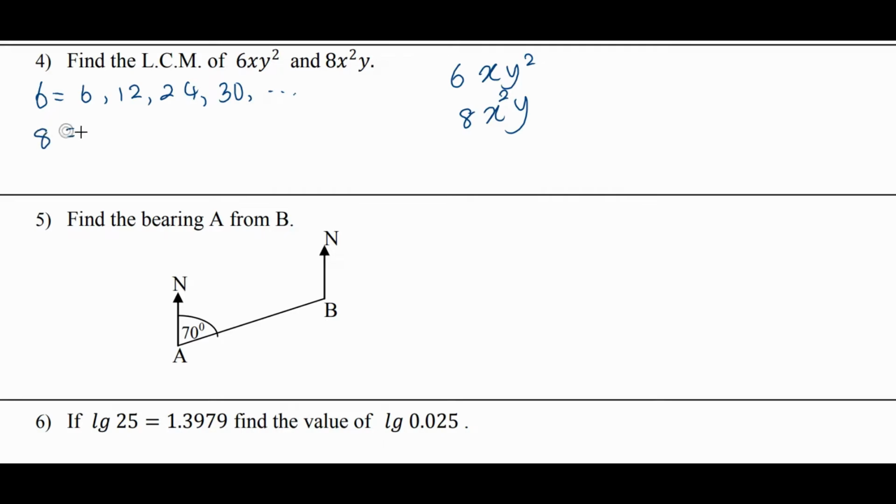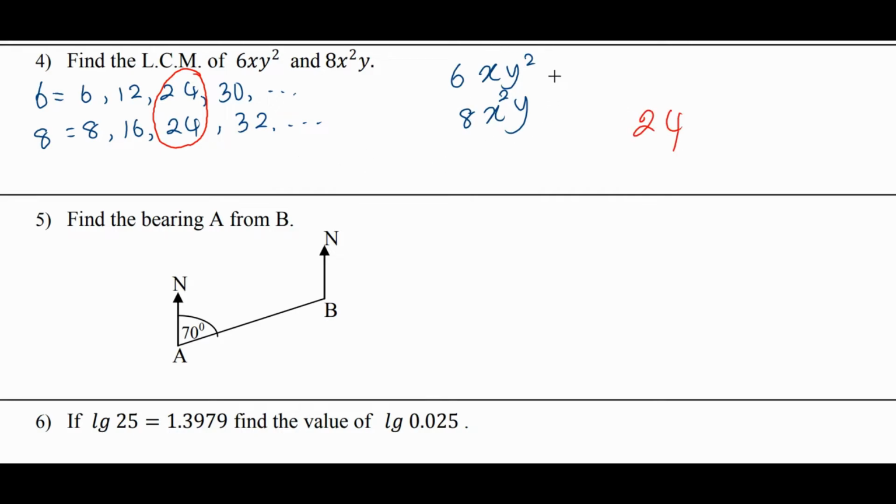Then we can write down the multiplication table of 8: 8, 16, 24, 32 and so on. Here you can see we have found the least common multiple of the numerical part, 24.